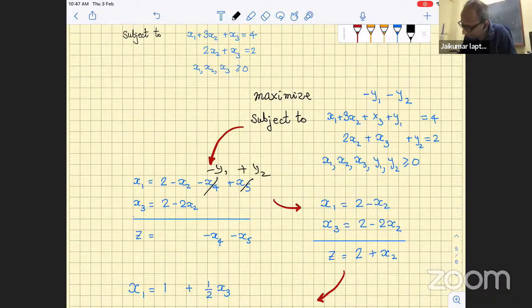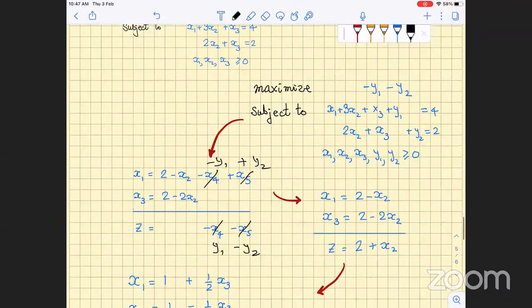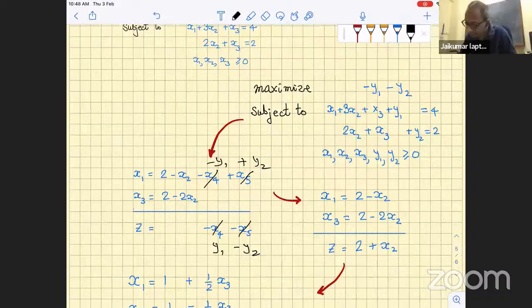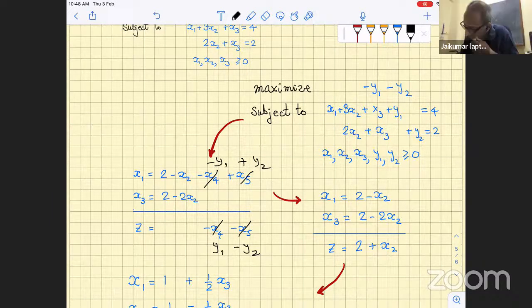The book just wants to keep variables x all the time, and that's why. I will correct it when I put the notes up. There will be a minus y2 in the x3. Sorry, there should have been a minus. x3 is equal to 2 minus 2x2 minus y2. That is right.